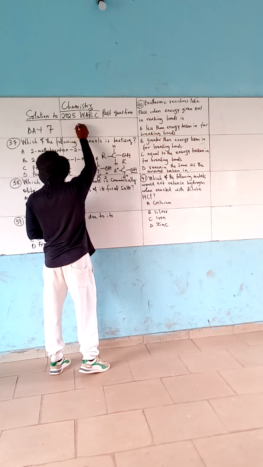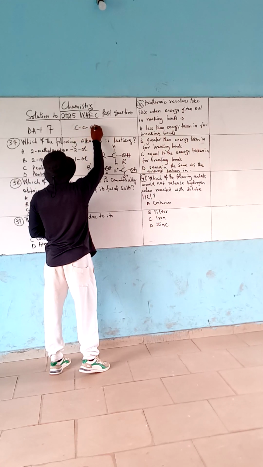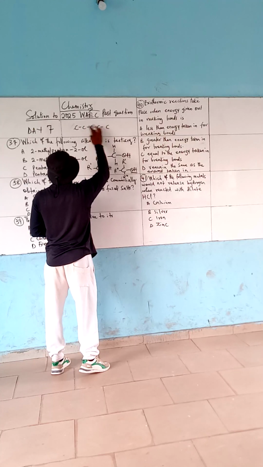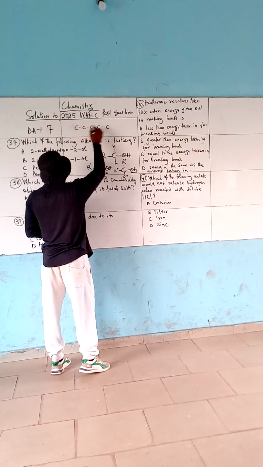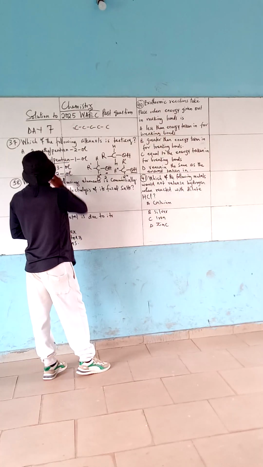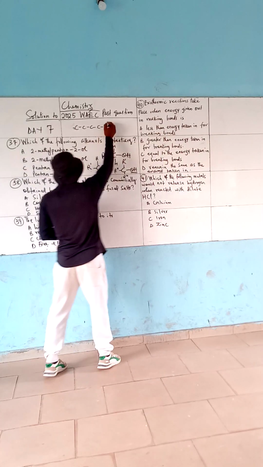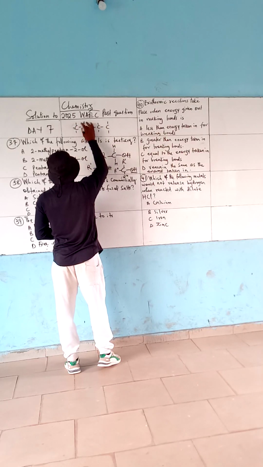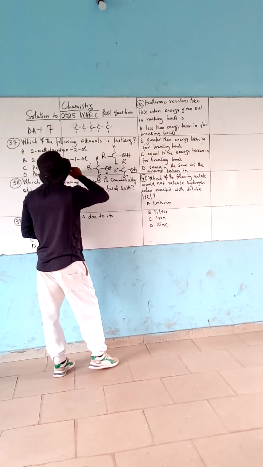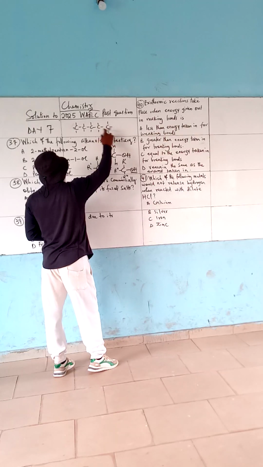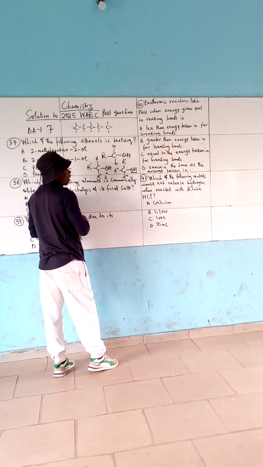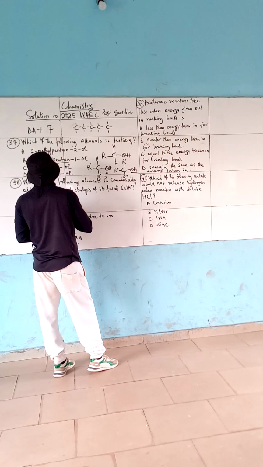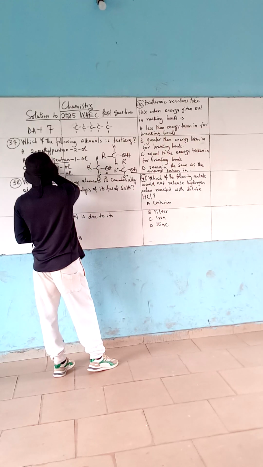If I have 1, 2, 3, then 4 and 5, this is a skeletal structure of pentan. Then at carbon number 2, let's start from here. The carbon must always be surrounded by 4 bonds because it's tetravalent, and hydrogen 1 bond because it's monovalent.